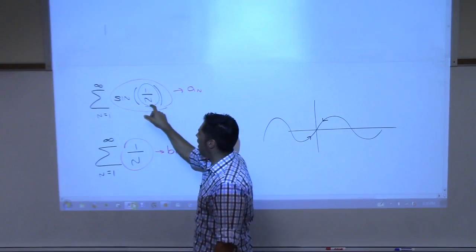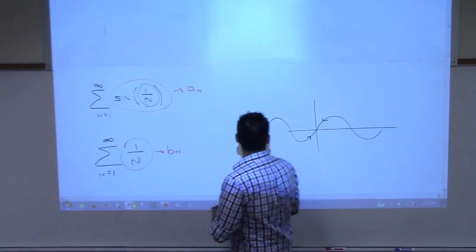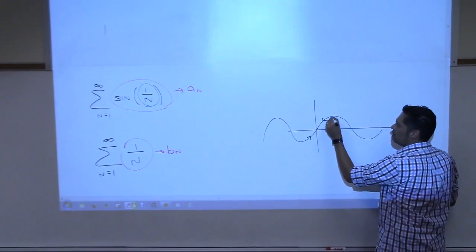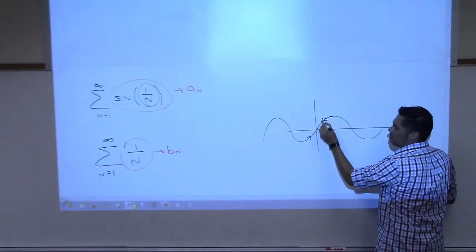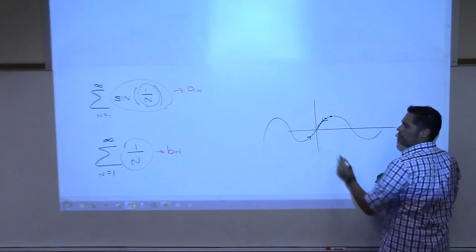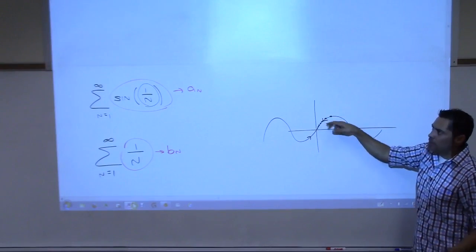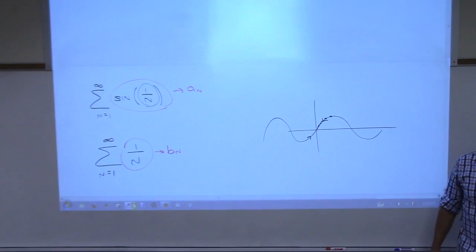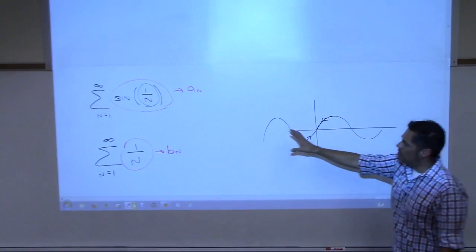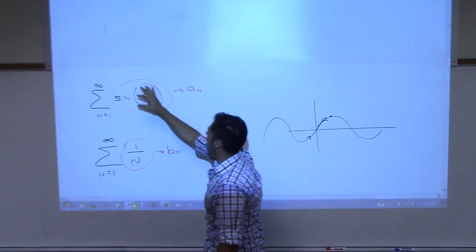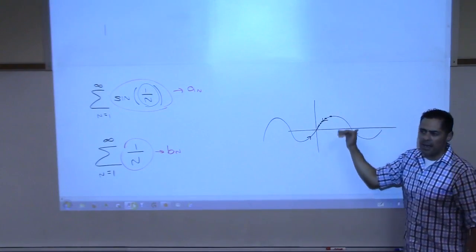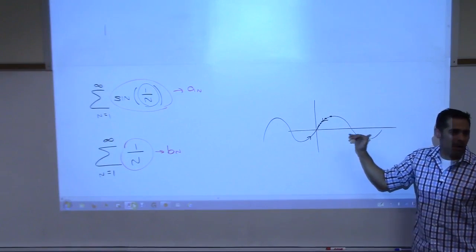They're positive. N is 1, that's 1. N is 2, that's a half. N is 3, it's a third. So I'm marching along, headed towards 0, plugging in positive numbers. And all the outputs of this whole thing are above the x-axis, so they are positive.